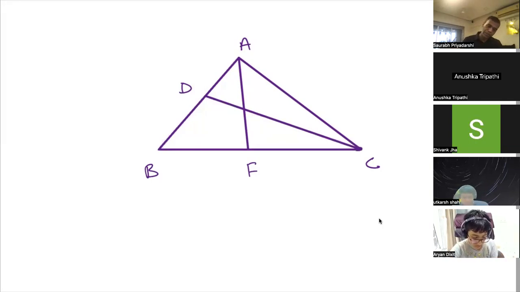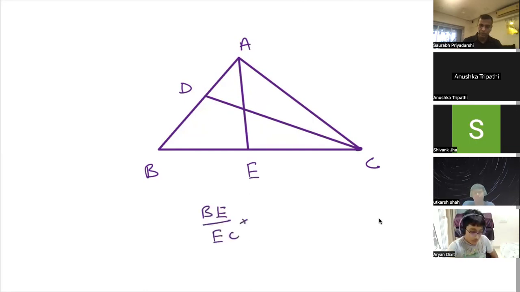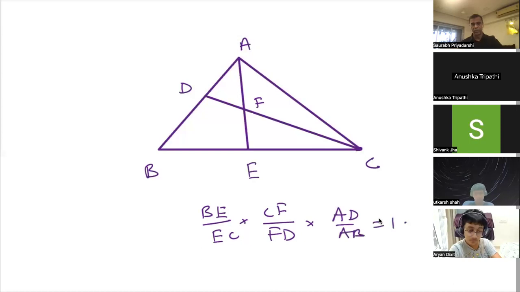If C is the external point, then I'm going with BE upon EC, and this point is F, then CF upon FD, into AD upon AB is equal. Is this okay?